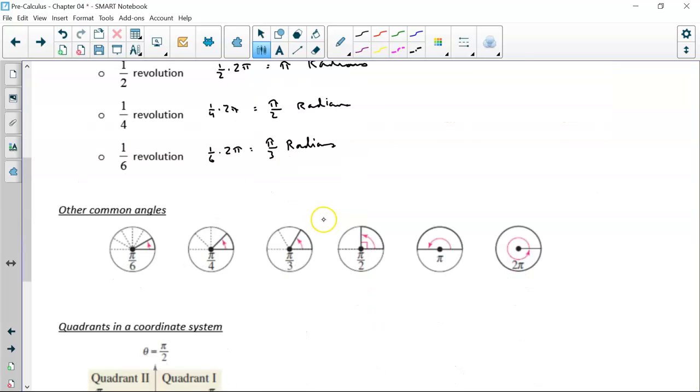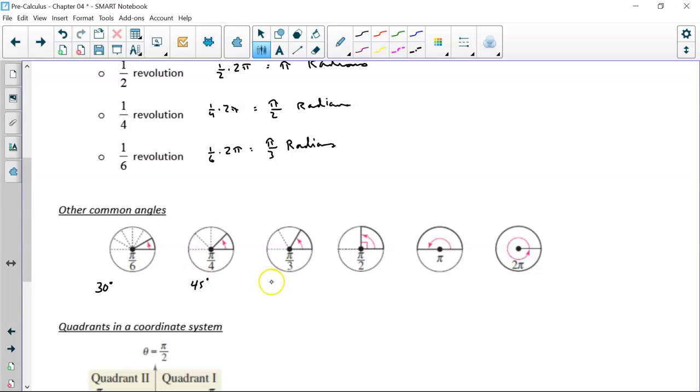So, some other common angles. Pi over 6 radians is 30 degrees. Pi over 4 radians is 45 degrees.